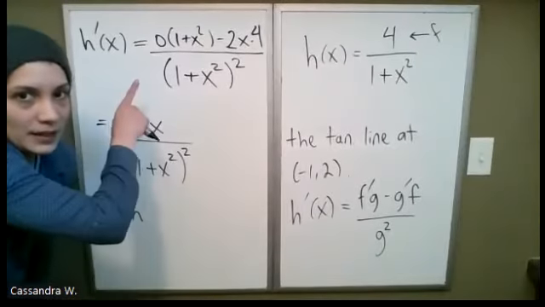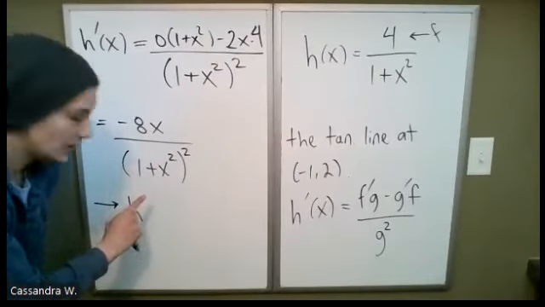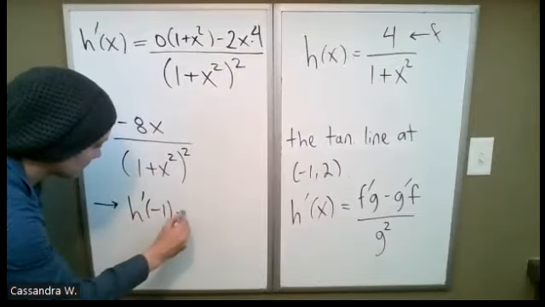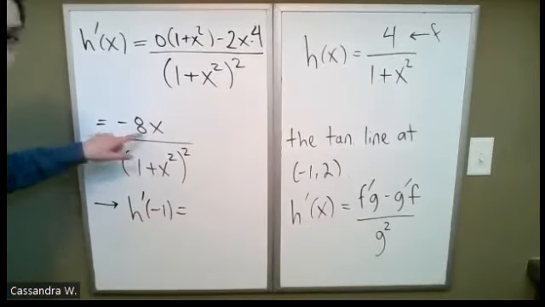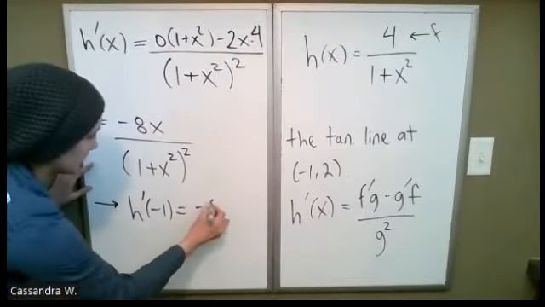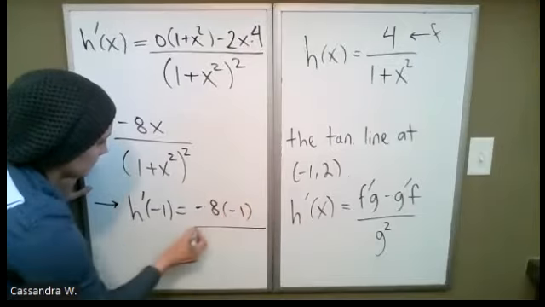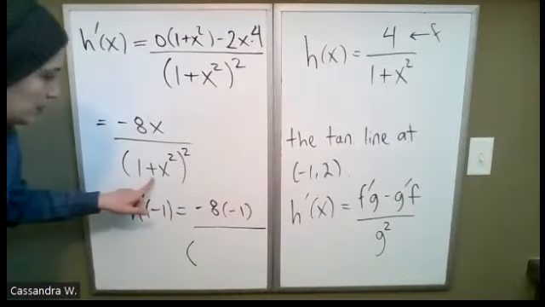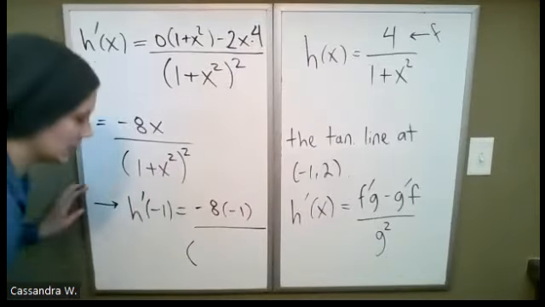Okay, we're putting in x equal to -1. So -8 times -1, over 1 plus (-1) squared.